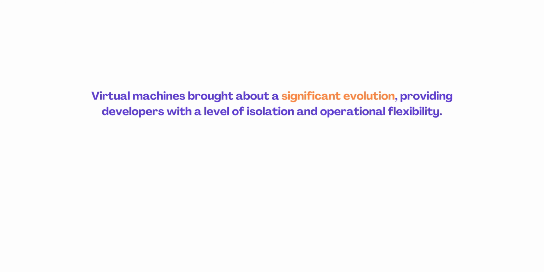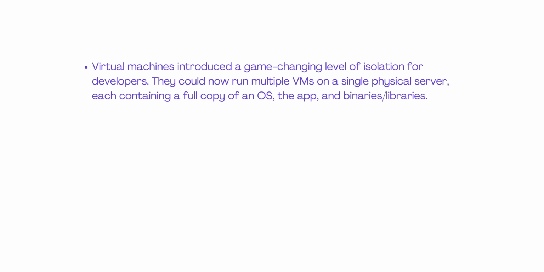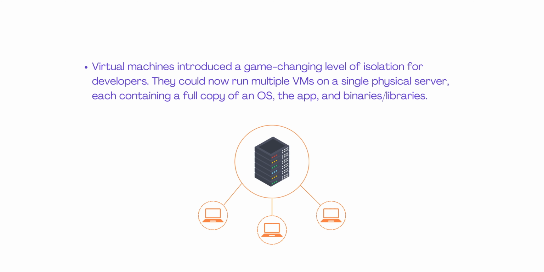Virtual machines brought about a significant evolution, providing developers with a level of isolation and operational flexibility. This also means virtual machines introduced a game-changing level of isolation for developers. They could now run multiple virtual machines on a single physical server, each containing a full copy of an operating system, the application, and all necessary binaries and libraries.